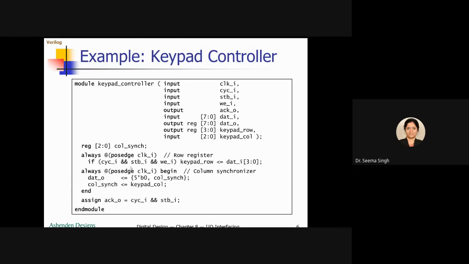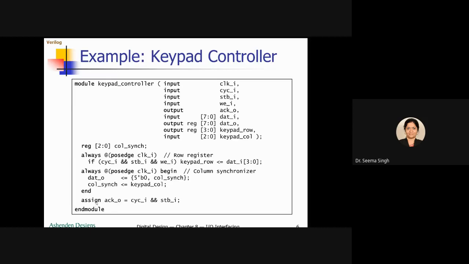So what you can see, the same clock underscore I is coming here, and the column synchronizer is getting this keypad underscore column. From where you are getting this, you will see later. The column synchronizer you will see later. Till that time we will go to the next command.